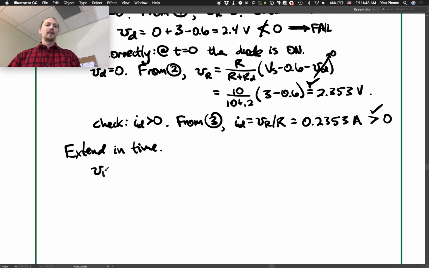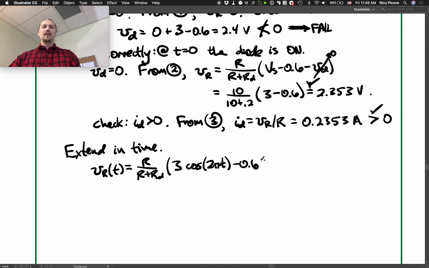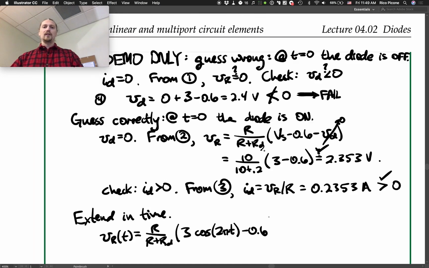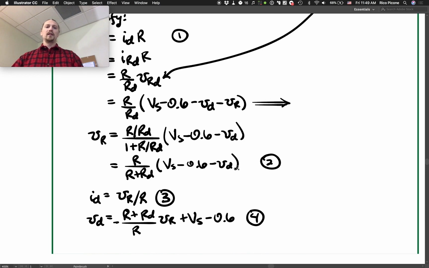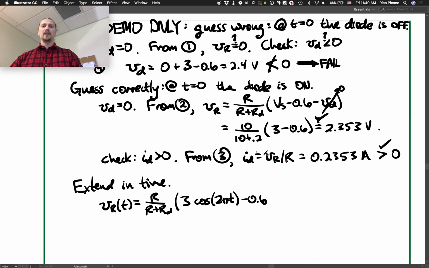VR of t is equal to R over R plus Rd times, and now for Vs, we'll just plug in what Vs is: 3 cosine of 2 pi t, minus 0.6, minus Vd.